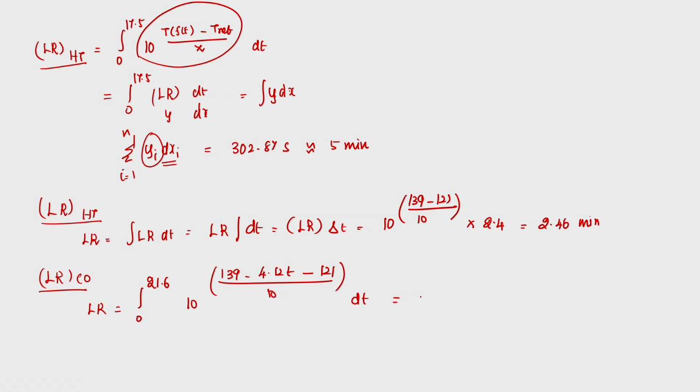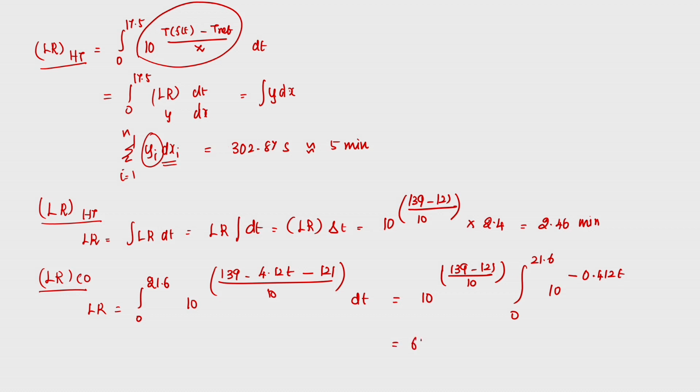So, this constant I will take out, 10 to the power of 139 minus 121 upon 10. So, I have taken it out, and the integral from 0 to 21.6 of 10 to the power of minus 4.12 T upon 10, which is nothing but minus 0.412 T, right.